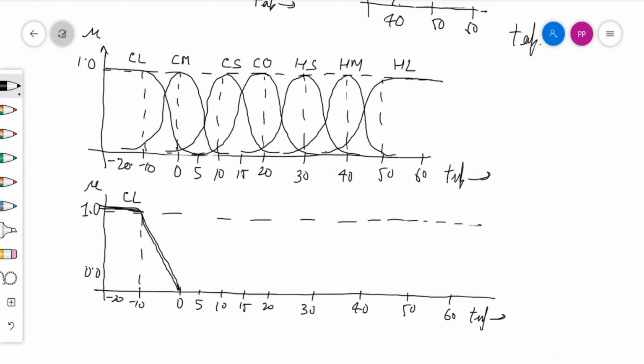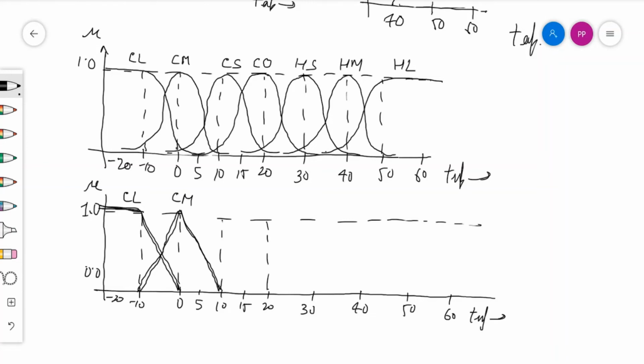Then we'll have from minus 10 to 10, so we can have the vertical lines for reference. This is a triangle of straight lines. These are all straight lines. So this is your cold medium. Then you will have from 0 to 20.